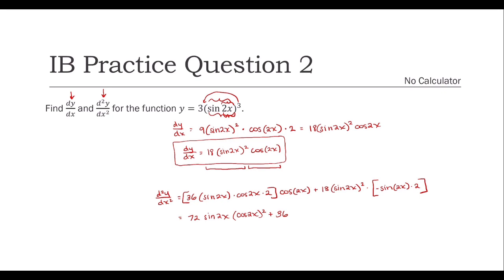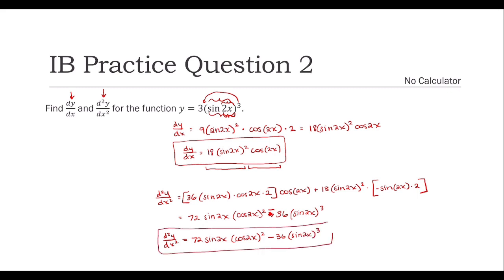And then we have sine of 2x squared times negative sine of 2x. So we'll have sine of 2x cubed, and then this is going to become negative. So our d squared y dx squared equals 72 sine 2x cosine of 2x squared minus 36 sine of 2x cubed. So here's our second derivative.